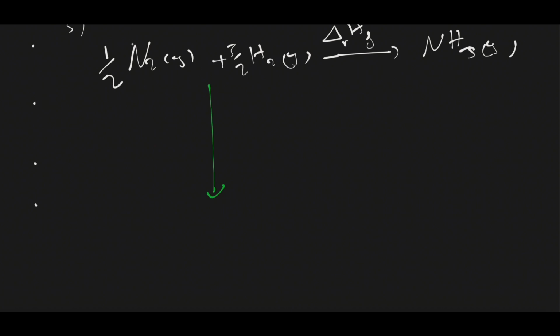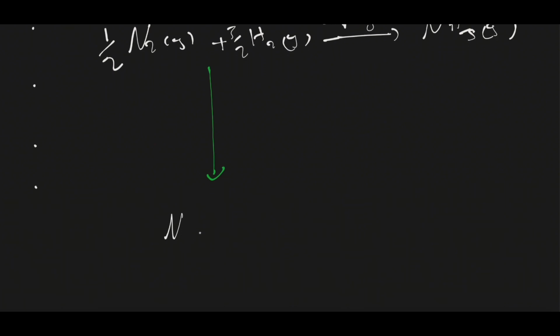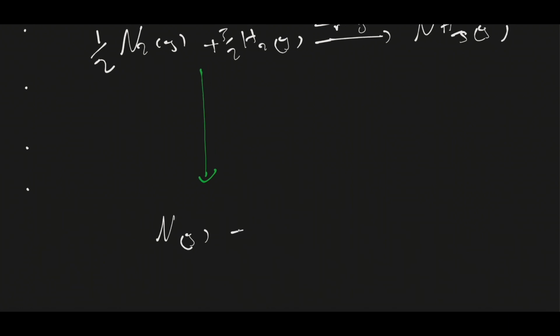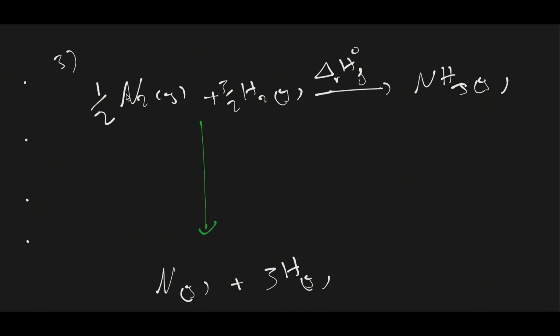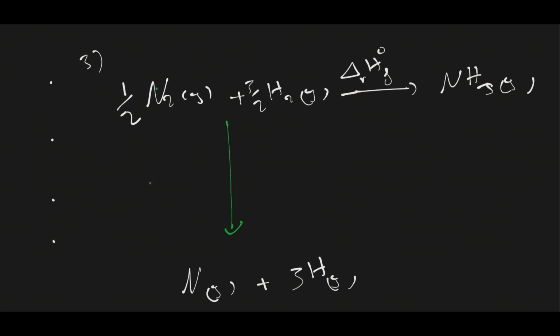So now we have to form nitrogen isolated atoms and hydrogen isolated atoms. To move from nitrogen to nitrogen isolated atoms, we need to provide an energy that is equivalent to this bond. But here we have 1.5 molecules.